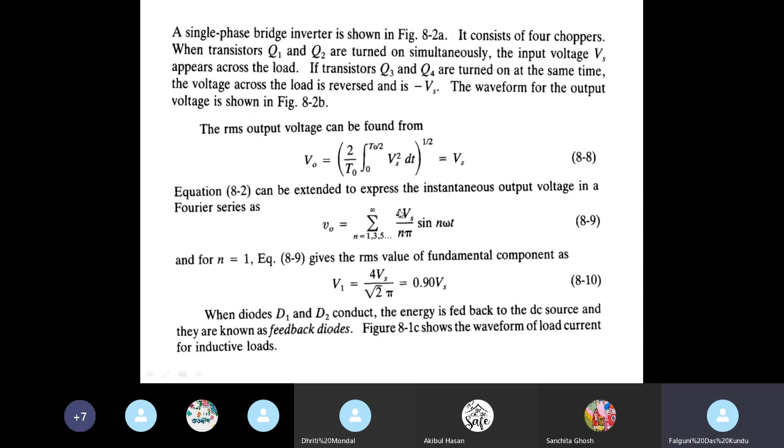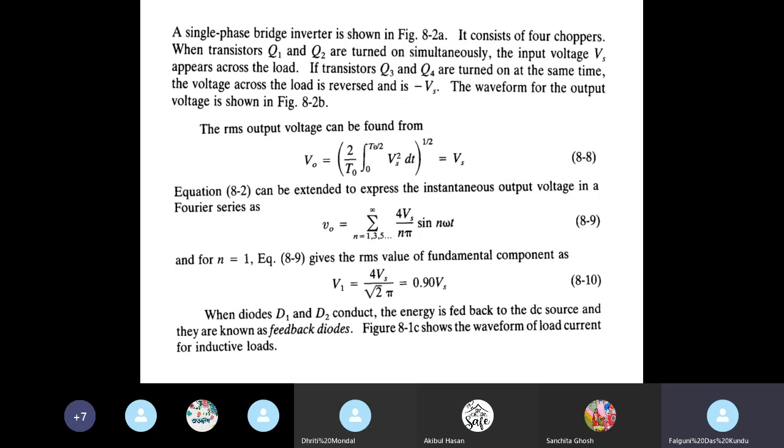Then what is the instantaneous output voltage? The instantaneous output voltage is described by a Fourier series, like V0 is nothing but the summation of n equals 1, 3, 5, up to infinity, 4 Vs by n pi sine of n omega t.